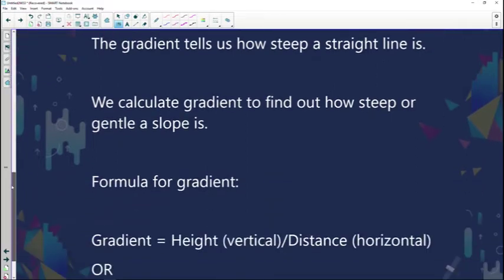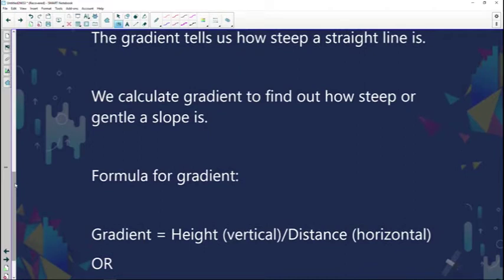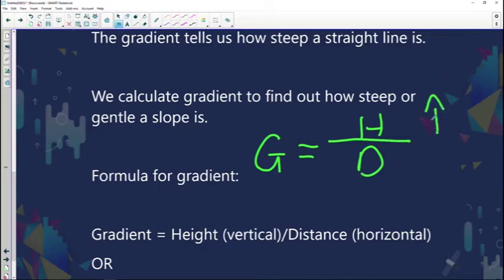If you look at the formula of gradient, very importantly, gradient equals the height difference over the distance. The height is the vertical movement from one point to another point, and the distance is between the two areas. How much is the gradient increasing between the one point and another point?